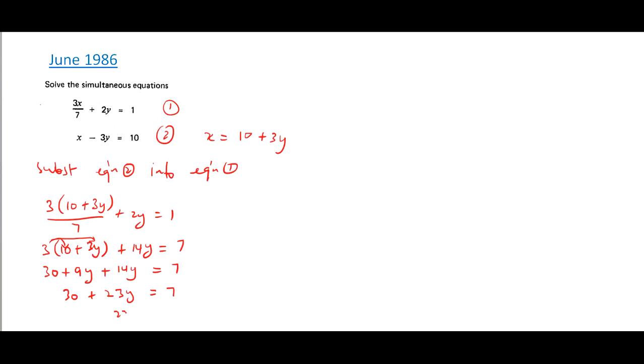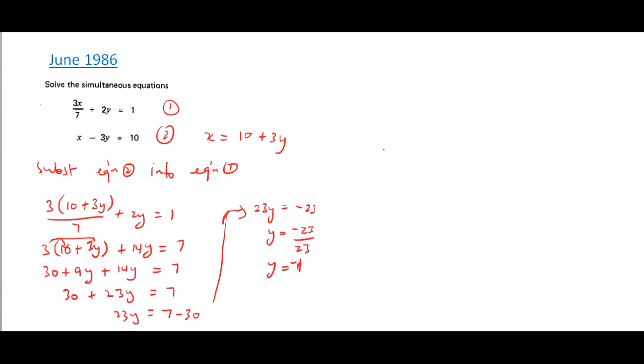So 23y is equal to 7 minus 30. Right, let me just go up here with this. So therefore 23y is equal to minus 23. Therefore y is equal to minus 23 over 23. Therefore y is equal to minus 1.